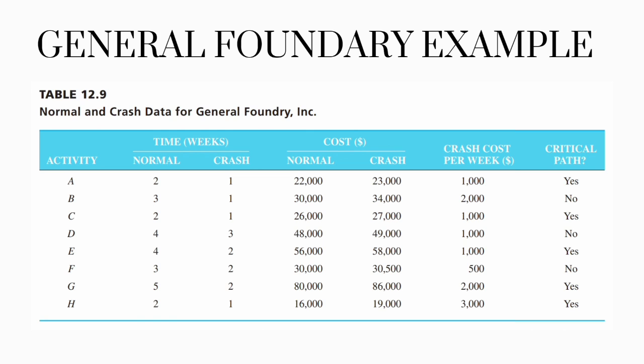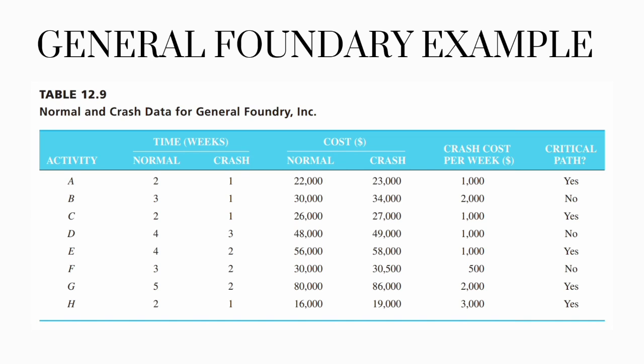General Foundry's normal and crash times and normal and crash costs are shown in Table 12.9. Note, for example, that Activity B's normal time is 3 weeks and its crash time is 1 week. This means that the activity can be shortened by 2 weeks if extra resources are provided. The normal cost is $30,000 and the crash cost is $34,000.